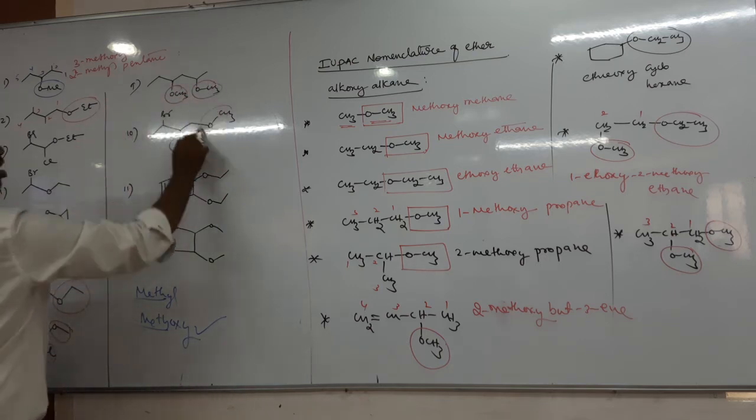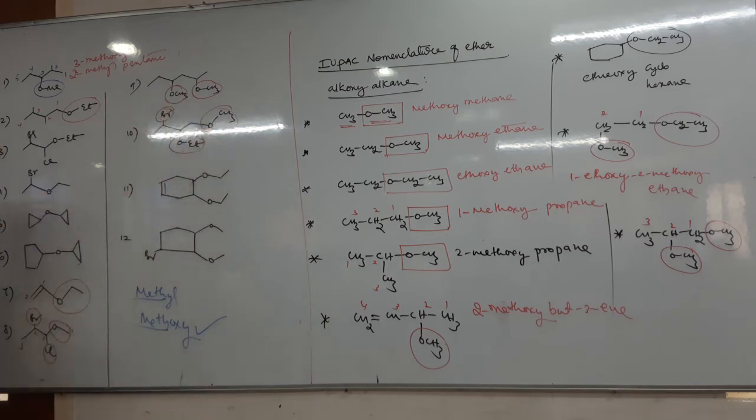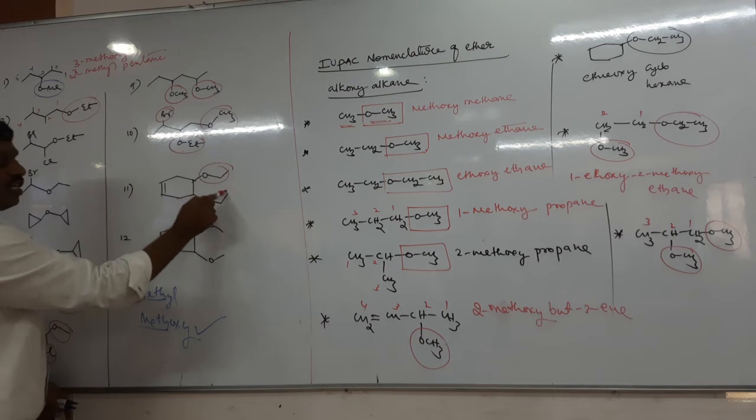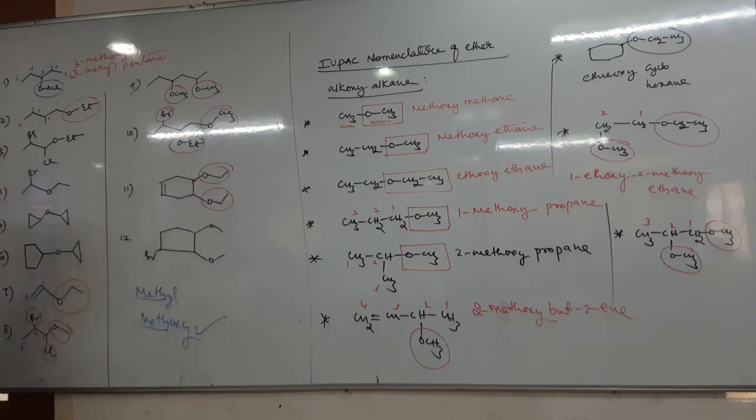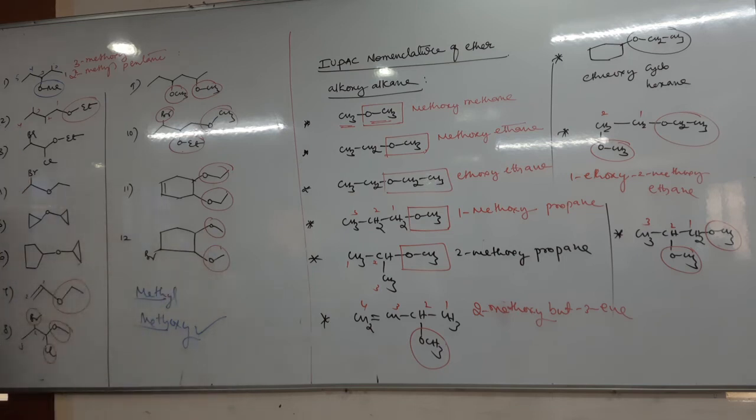Here ethoxy, methoxy. First ethoxy, then methoxy, but bromo is there. First bromo, then ethoxy, then methoxy. So remaining all. See, this is an ethoxy, diethoxy. Okay? It is methoxy, dimethoxy. Yes or no?